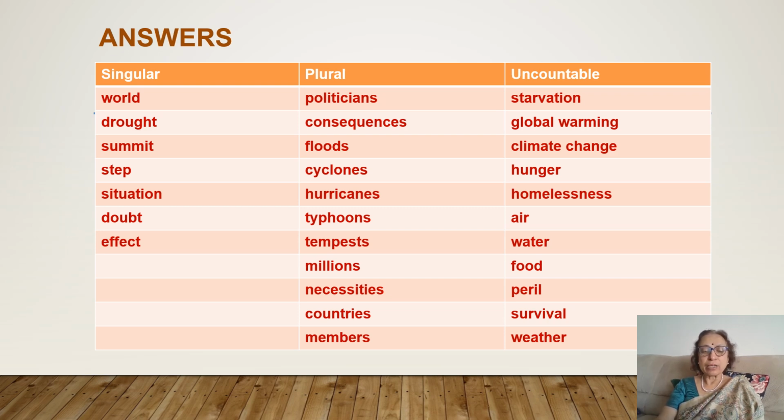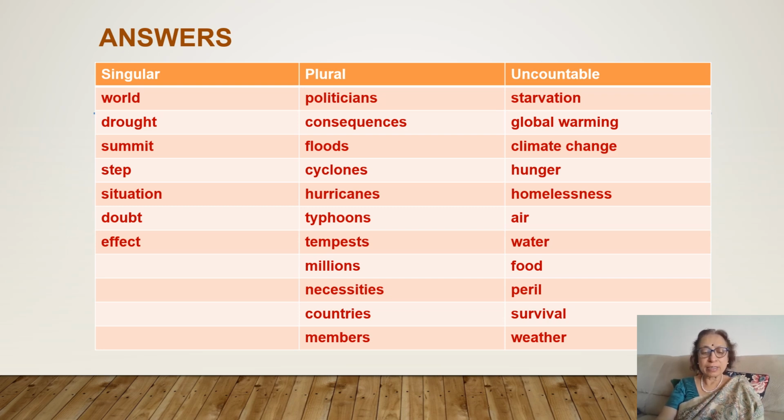So we've put cyclones, hurricanes, typhoons, tempests in the plural column, have increased. Millions, millions here refers to people. So millions we've put as plural, are facing starvation. Starvation goes into uncountable, right on top. Due to climate change, again uncountable.